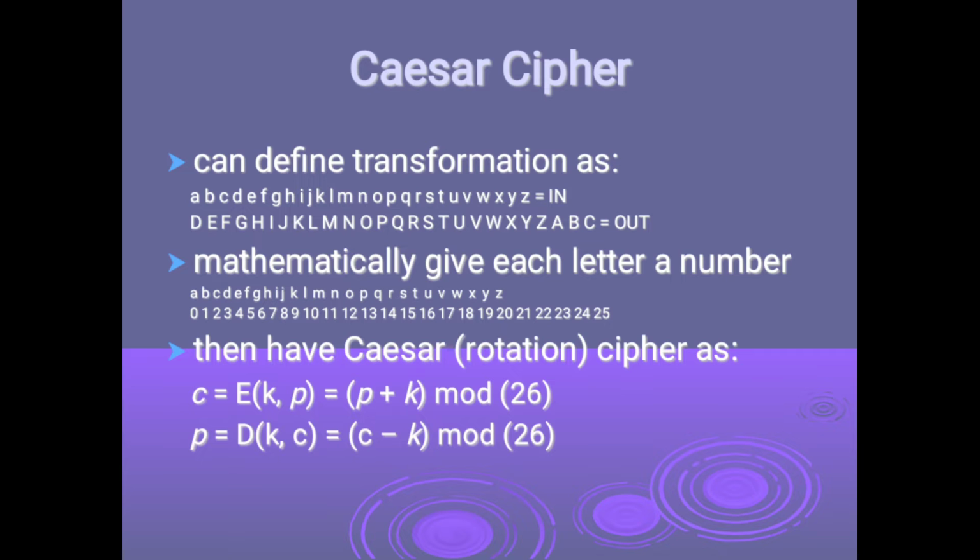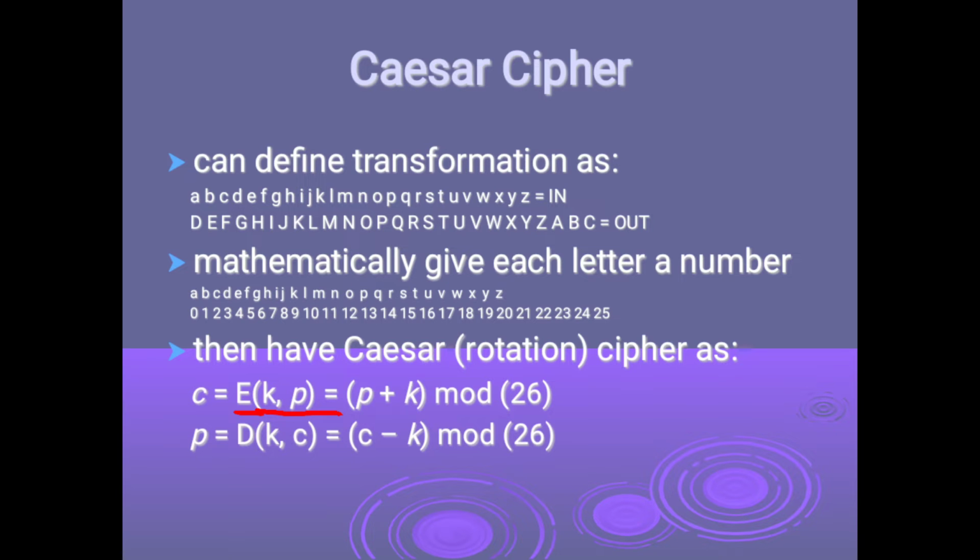Ciphertext is a function of the encryption function. For that function we have to pass 2 parameters. What are the 2 parameters we need? We need the plain text and the key. If we pass the plain text with the key to the encryption function, we get the ciphertext. In the Caesar cipher this is C equals P plus K mod 26.